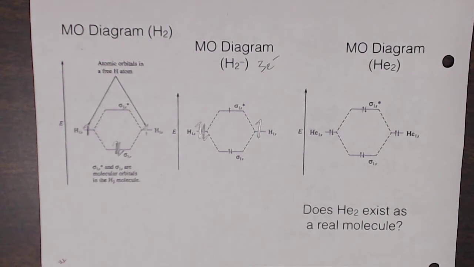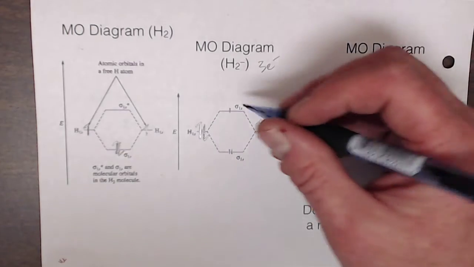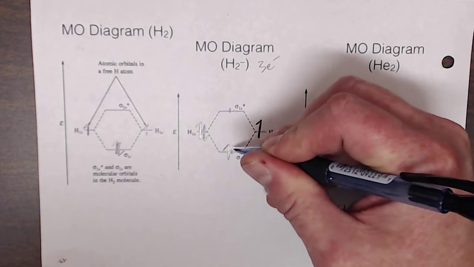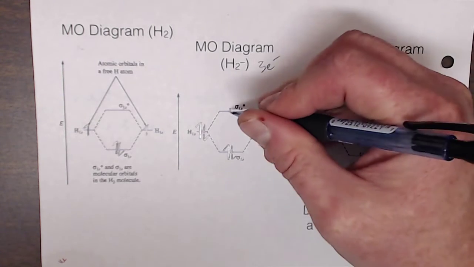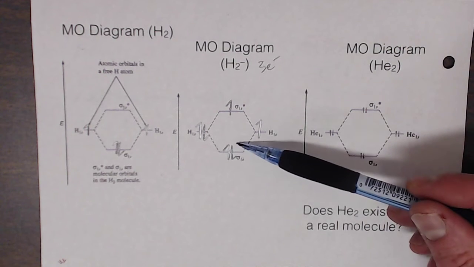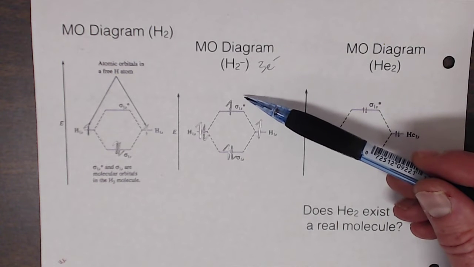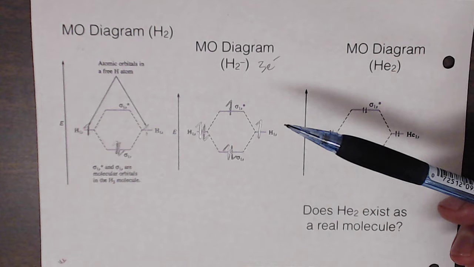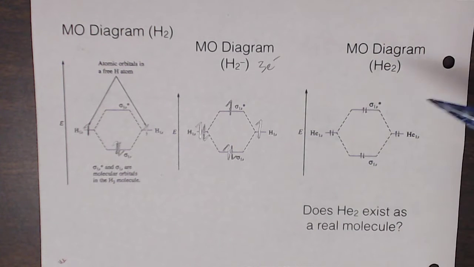Okay, and so when those get paired up, we have 3 of them that need to get paired up, and that would go 1, 2, 3. And so now my H2 molecule has been destabilized because it's got 2 electrons in a bonding orbital, but 1 in an anti-bonding orbital. And we'll see what the manifestation of that is momentarily.